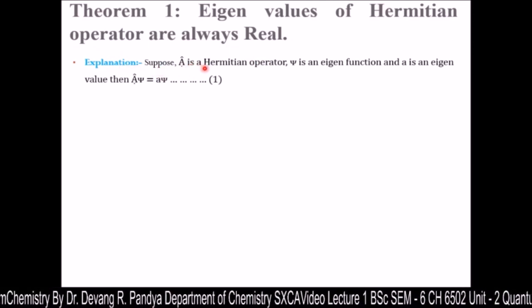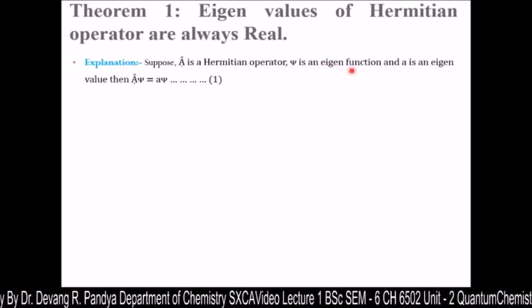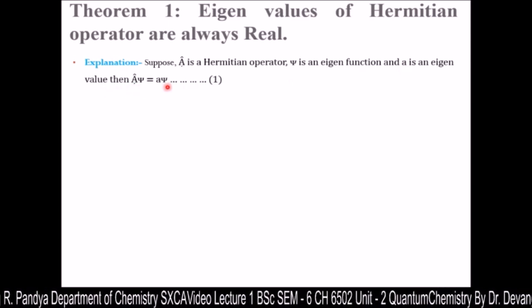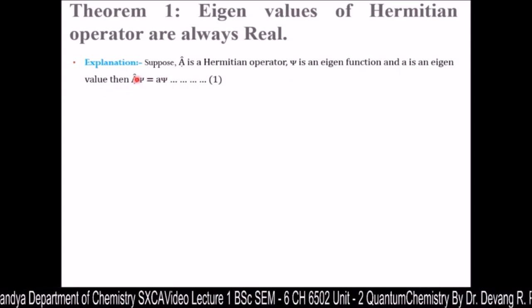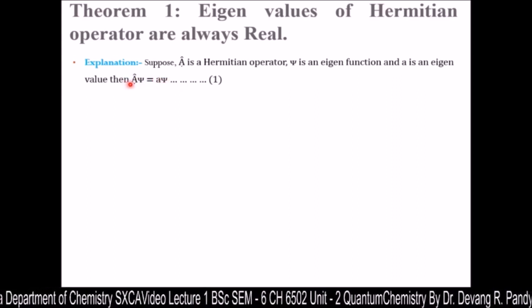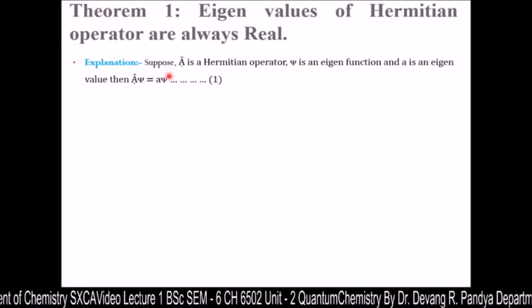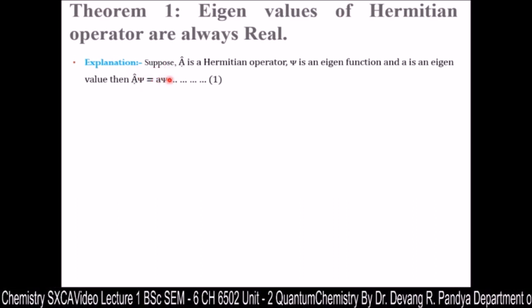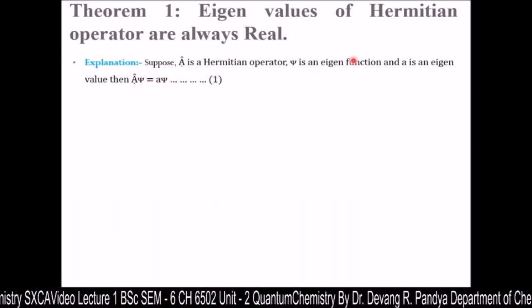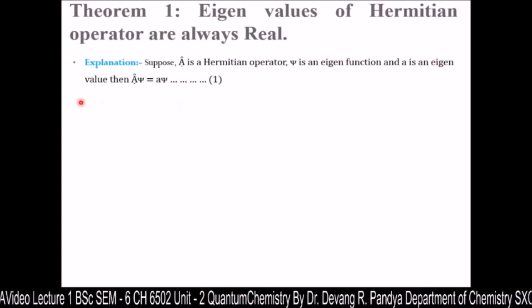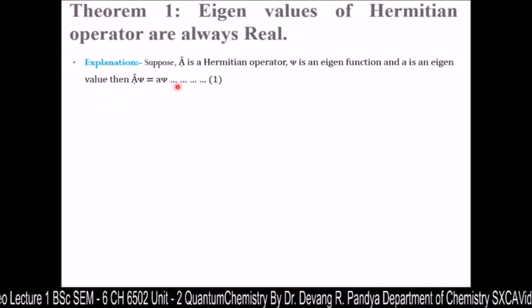Suppose operator A is a Hermitian operator, psi is an eigenfunction and a is an eigenvalue, then A psi is equal to a psi. This is the eigenfunction eigenvalue relation, as we know that when an operator operates on a function and gives the same function with a constant value, then that function is known as an eigenfunction and the constant is known as an eigenvalue. So we have obtained this relation.